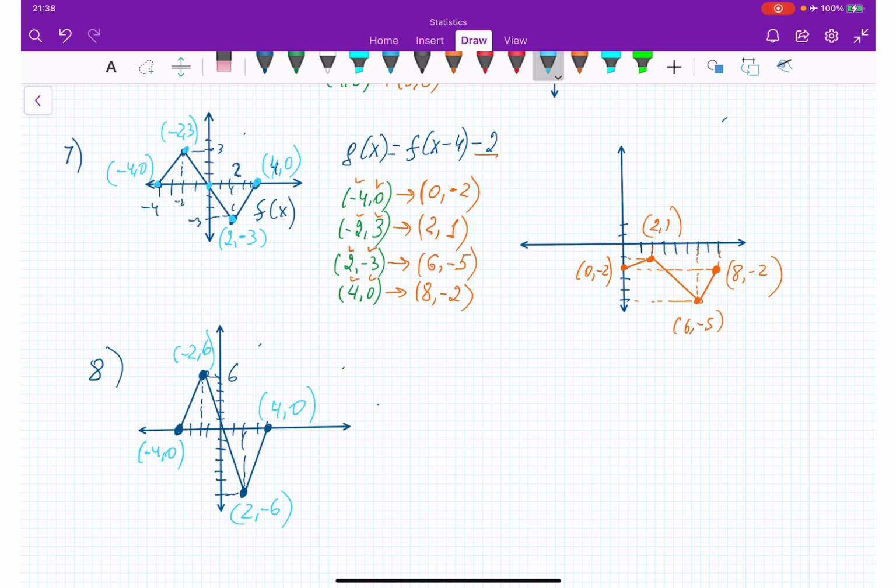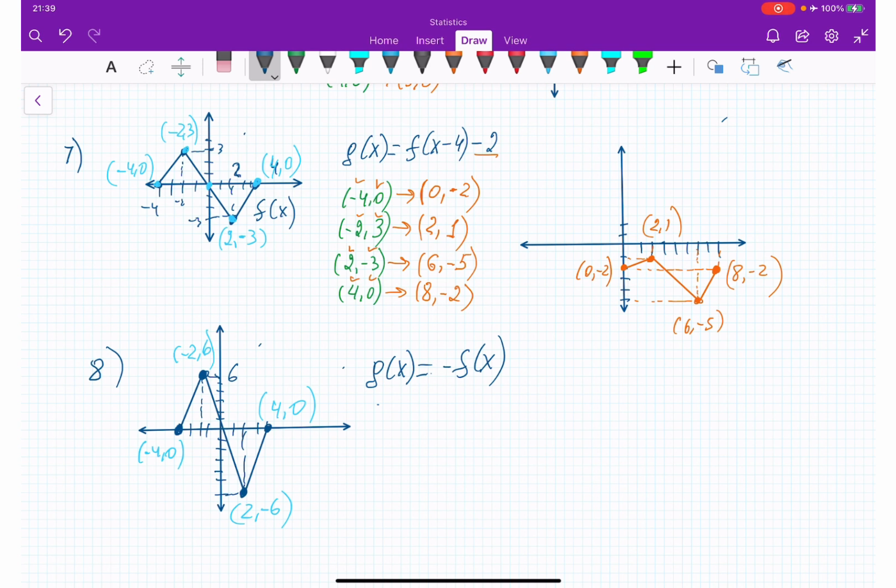Okay. Now we're going to build g of x is equal to -f of x. Negative f of x.